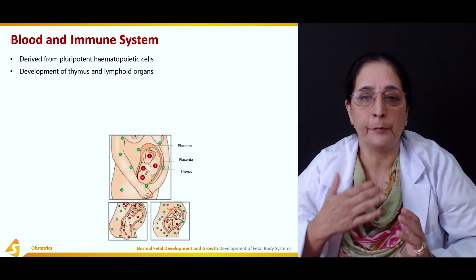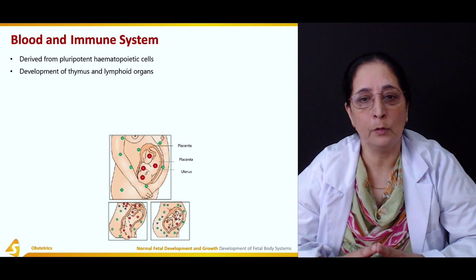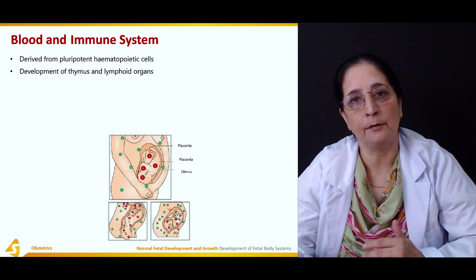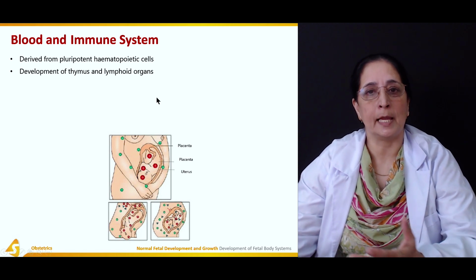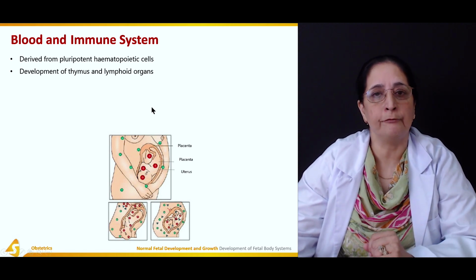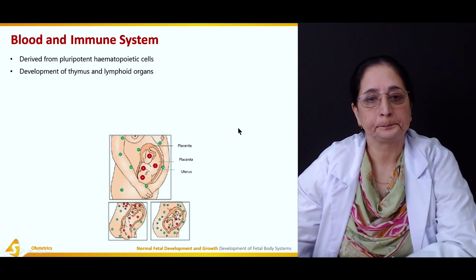This is the gland present in the neck that is responsible for the immune system and T cell formation, and lymphoid organs like tonsils and lymph nodes are also formed.